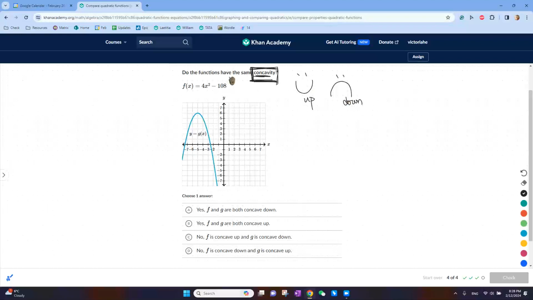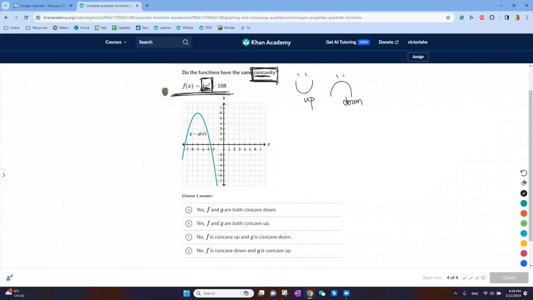So first thing, just by looking, how would I judge the function f? How do I know the concavity? Which one am I looking at? 4x to the power of 2. Why am I looking at this box?